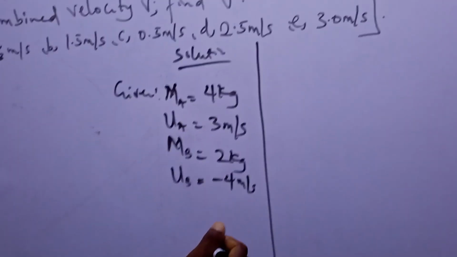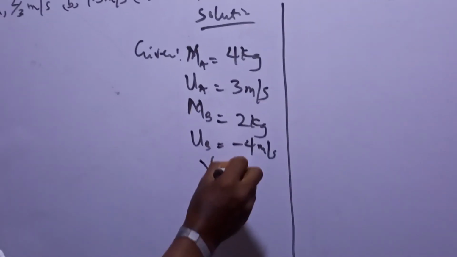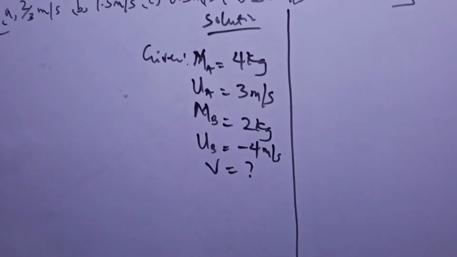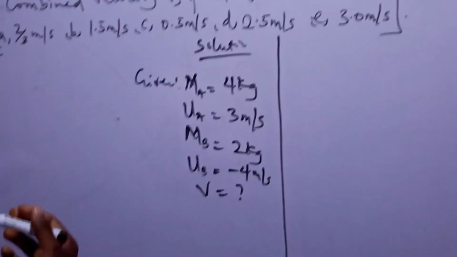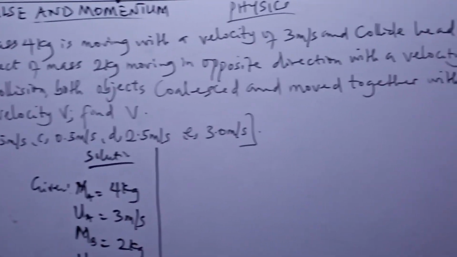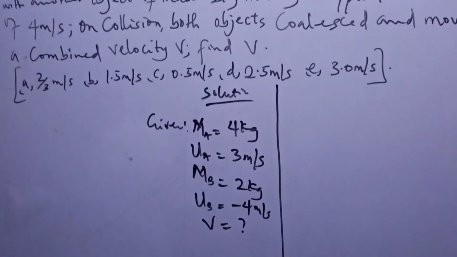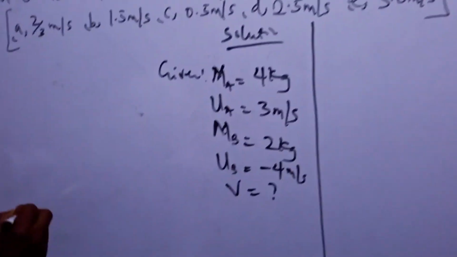Remember, going in the opposite direction. Now we're asked to look for the final velocity. And remember, they collided and stayed together. So we want to know the exact direction they actually move, even though they stick together.